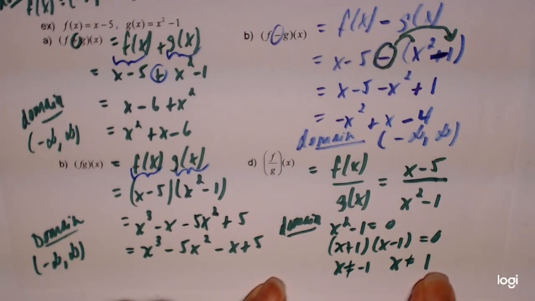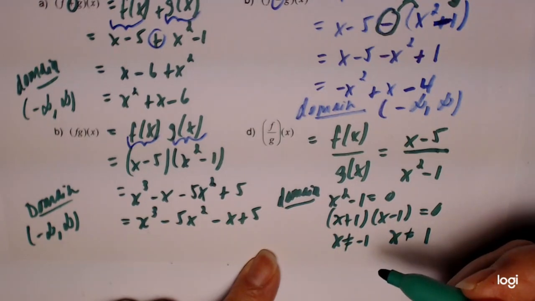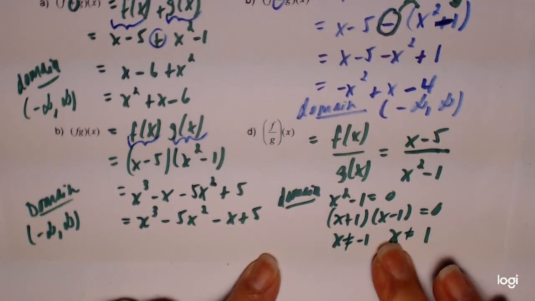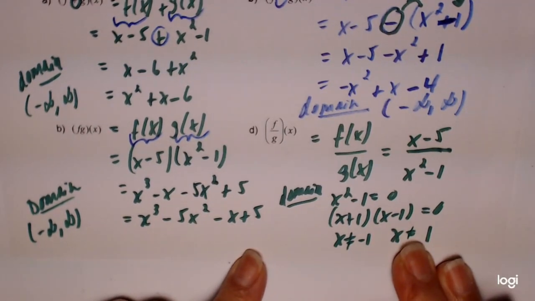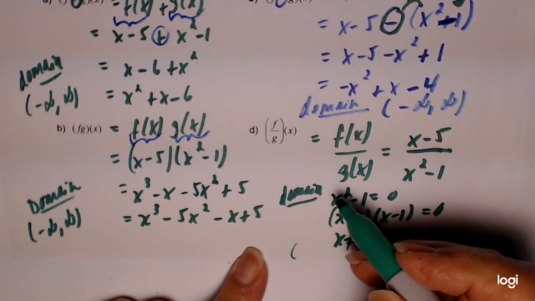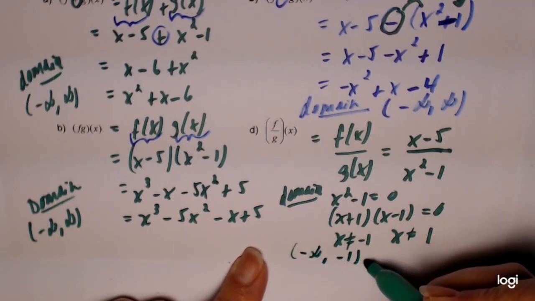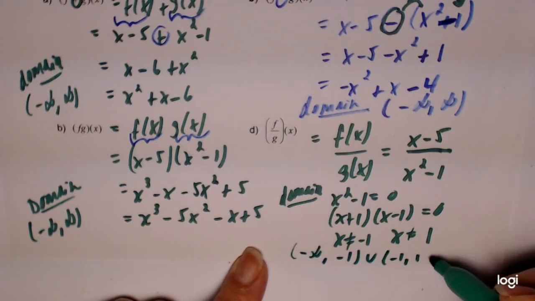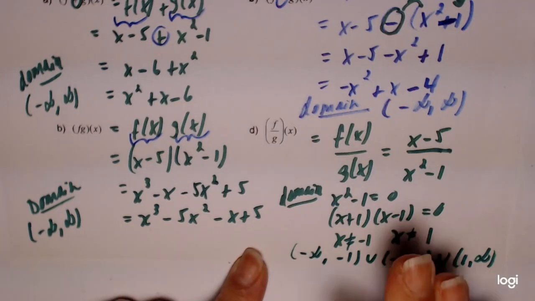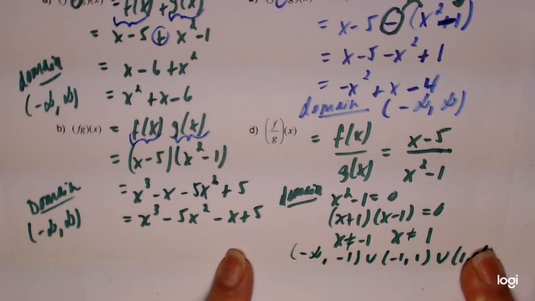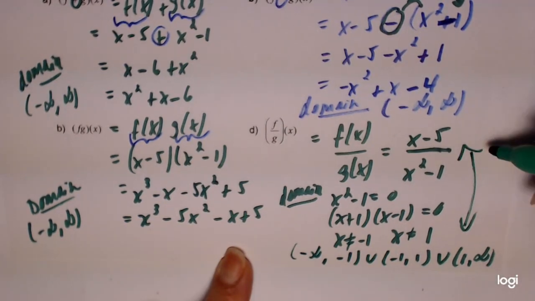So these values have to be excluded from our domain. In interval notation, the easy way to say it is x is all real numbers except negative 1 and except 1. In interval notation, it becomes more of a mouthful: negative infinity to negative 1, union negative 1 to 1, union 1 to infinity. And that would be the domain for this new function that we've created.